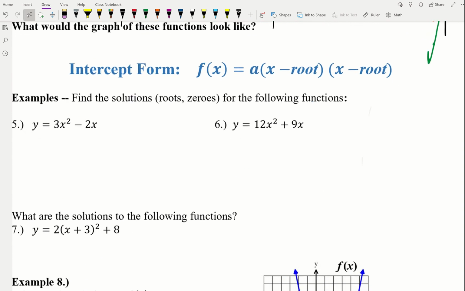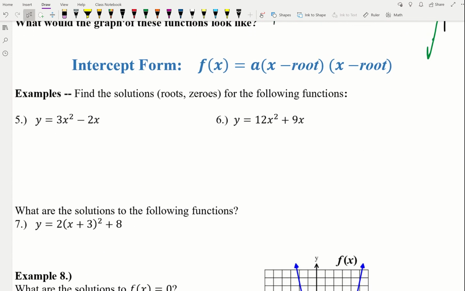Now, when you take one of these equations and you factor them, you are putting them in what's called intercept form, where A essentially can be considered a GCF, which it won't always be there. And then your other factors containing variables, x minus a root, x minus a root. Remember, roots are other words for solutions, zeros, x-intercepts.